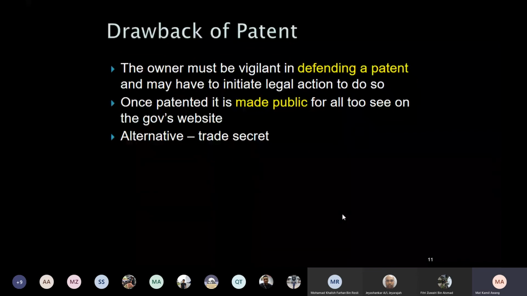It was never patented, and it's never published anywhere. The second trade secret is KFC. The recipe for the flour to coat the chicken is also never published anywhere. It's a trade secret of KFC.